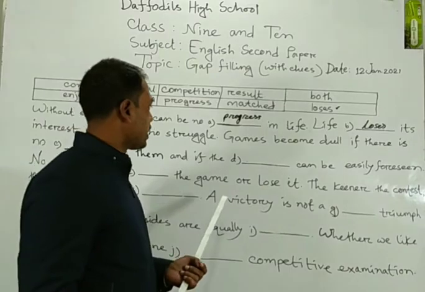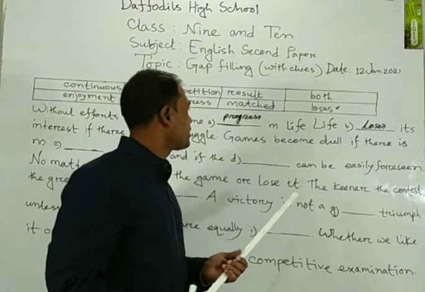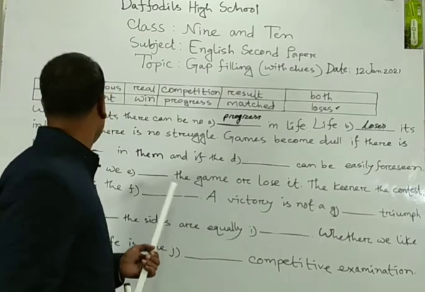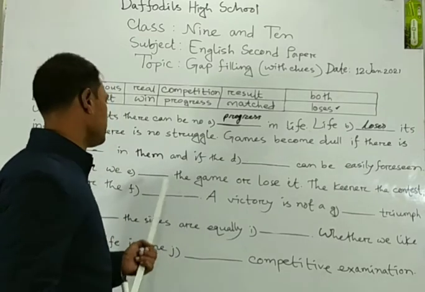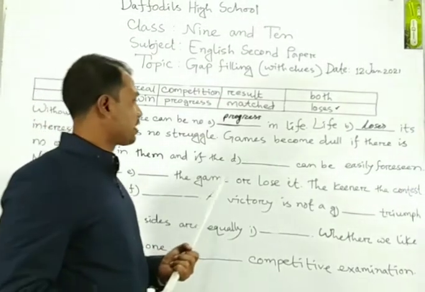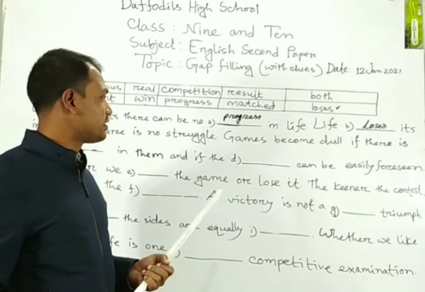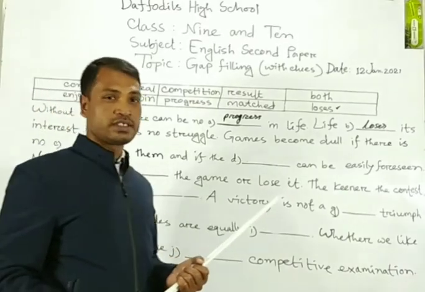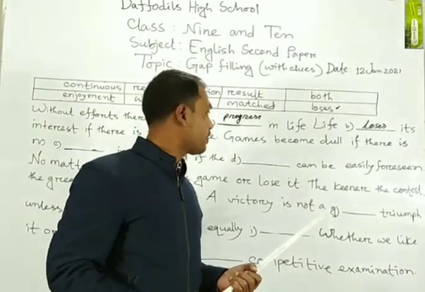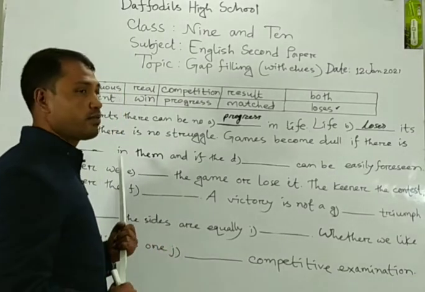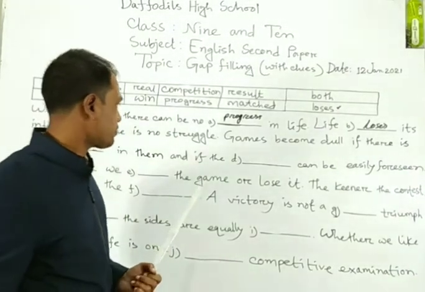Now we shall read the third sentence. Games become dull if there is no dash in them. Look at this sentence very carefully. This is a very big sentence. Here one clause is main clause and two clauses are subordinate clause. At first we shall try our best to solve the first subordinate clause.